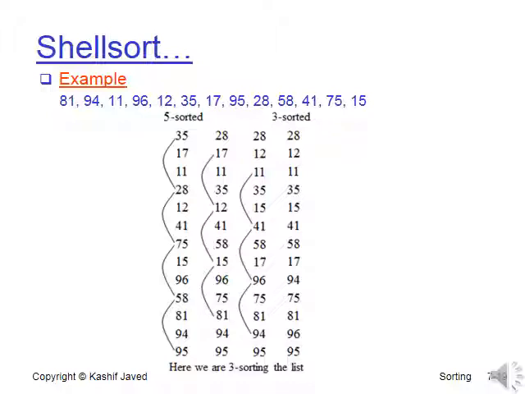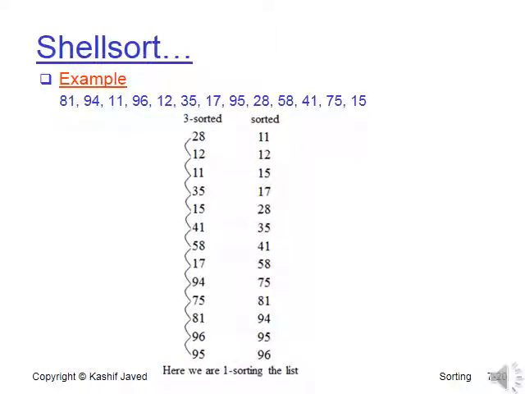Once finished, we will have the three-sorted array as 28, 12, 11, 35, 15, 41, 58, 17, 94, 75, 81, 96, and 95.